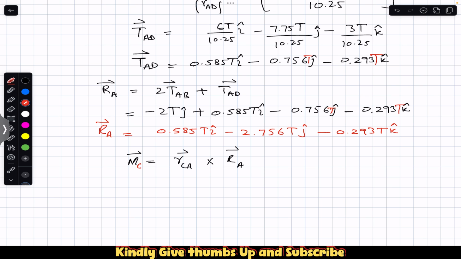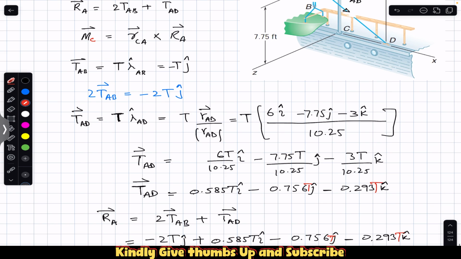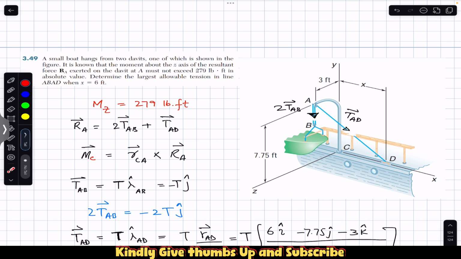And once we find the moment about point C, to find the T max, the maximum tension in that cable, we have to equate the Z component of that moment about point C equals to this, because we are given the moment about the Z axis.